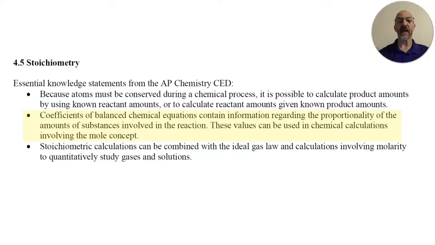Coefficients of balanced chemical equations contain information regarding the proportionality of the amounts of substances involved in the reaction. These values can be used in chemical calculations involving the mole concept. Stoichiometric calculations can be combined with the ideal gas law and calculations involving molarity to quantitatively study gases and solutions.